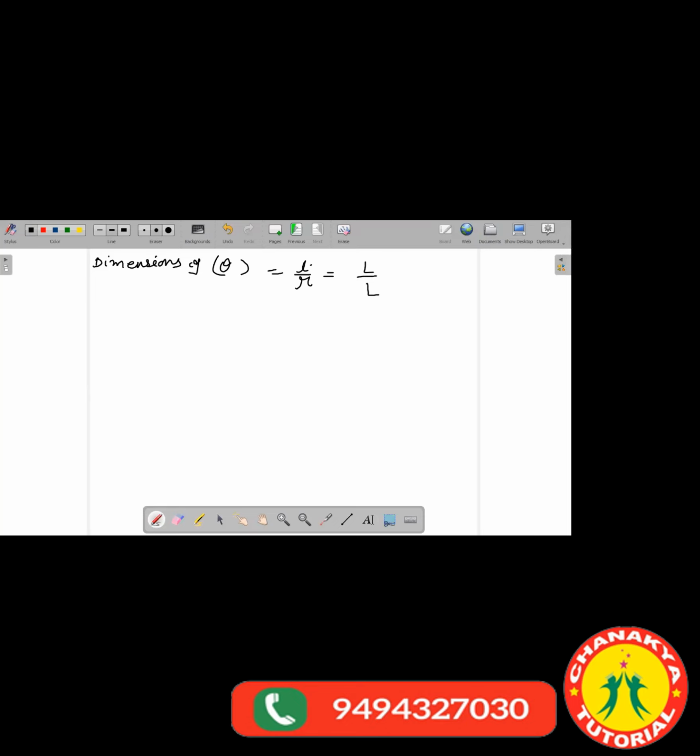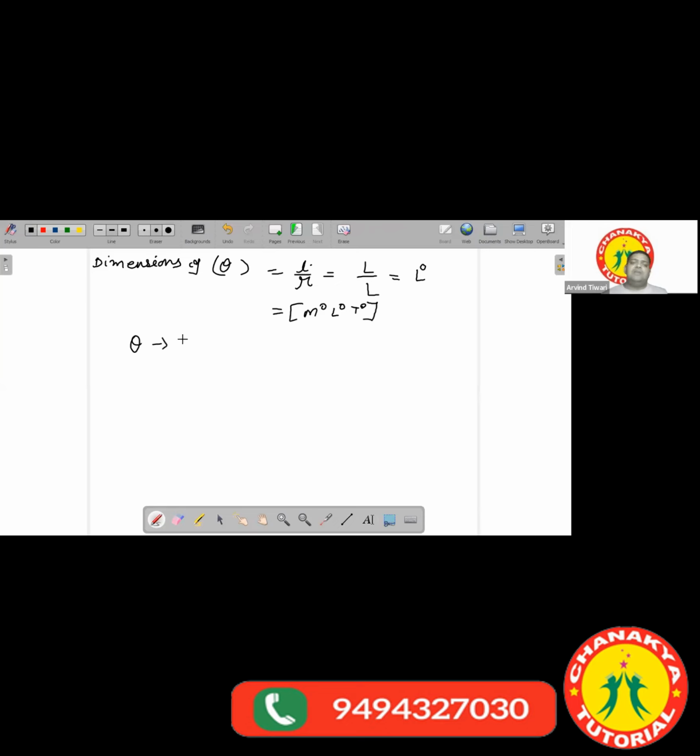Length by length, so it should have the dimensions L0. So we can write it as M0 L0 T0. It should not have any dimensions. So theta is a dimensionless quantity. You should keep in mind that theta is dimensionless. It does not have any dimension.